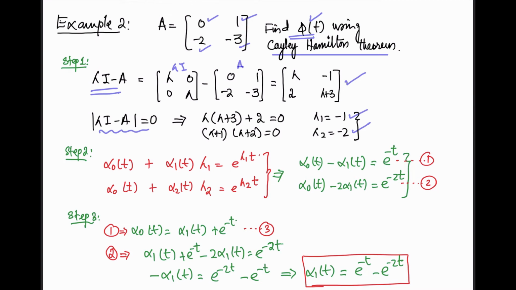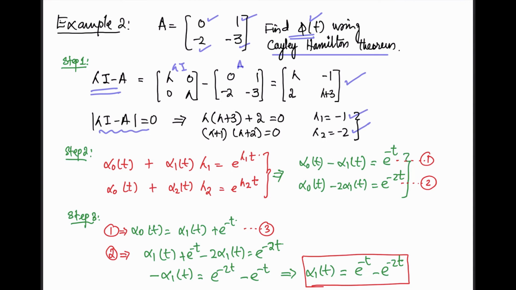Now we can set up the two equations from the Cayley-Hamilton theorem: alpha naught plus alpha 1 into lambda 1, that will be equal to e raised to the power lambda 1 t, then alpha naught plus alpha 1 lambda 2, that is e raised to the power lambda 2 t, right? So from here, using the eigenvalues, you can set up these equations.